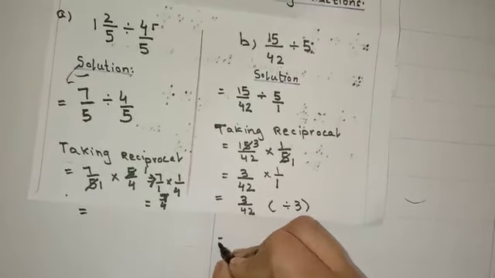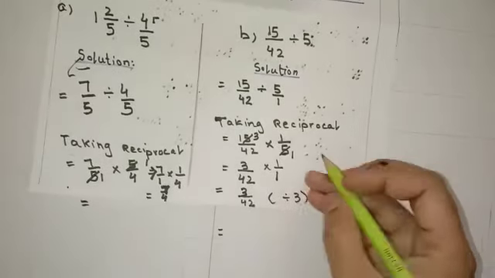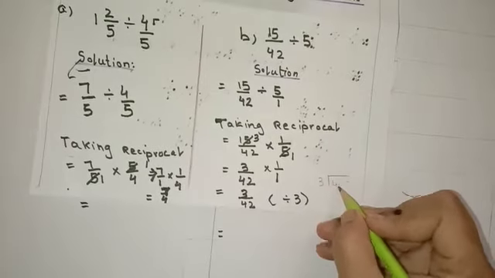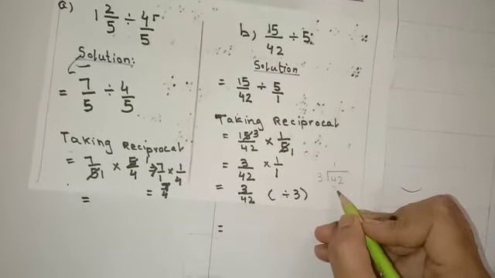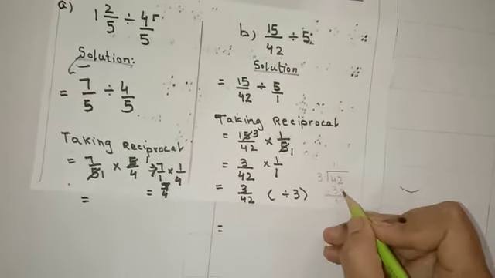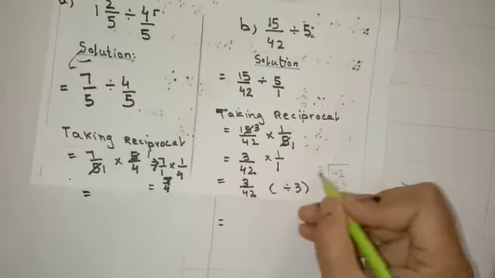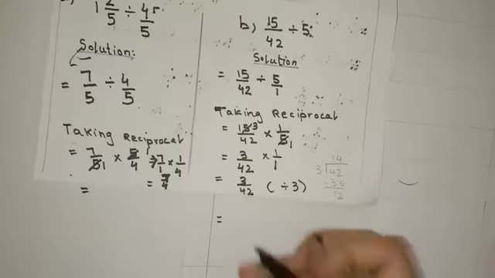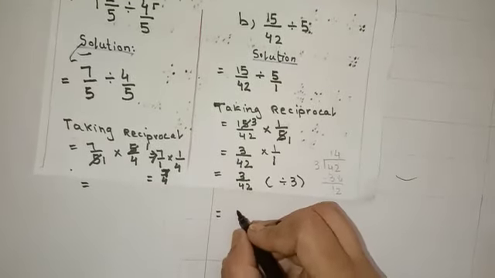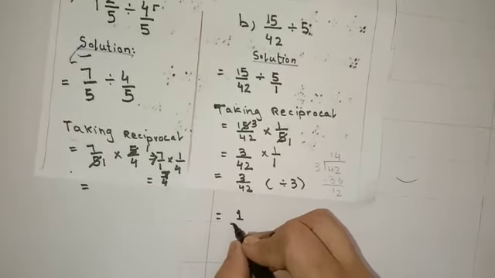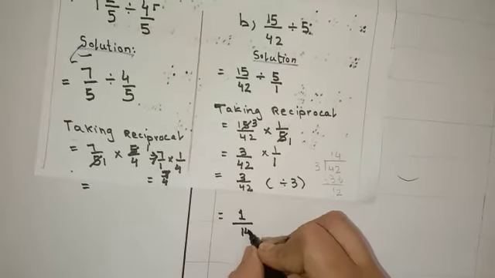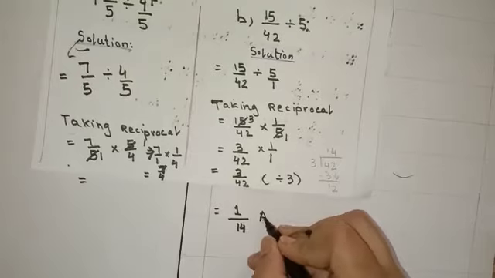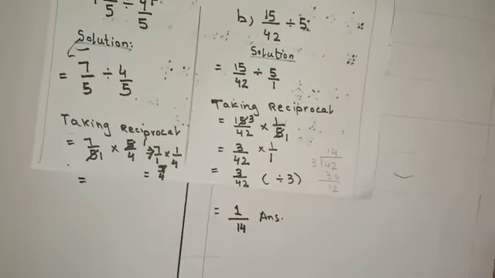You can do separate division to find out which number times 3 is 42. 3 ones are 3, 1 remainder, putting down that 2, 3 fours are 12. So 3 ones are 3, 3 fourteens are 42. So 1 over 42 will be our answer.